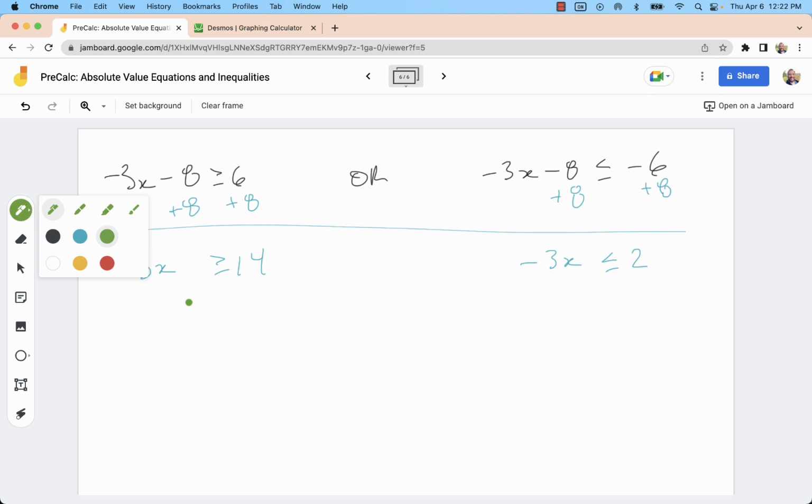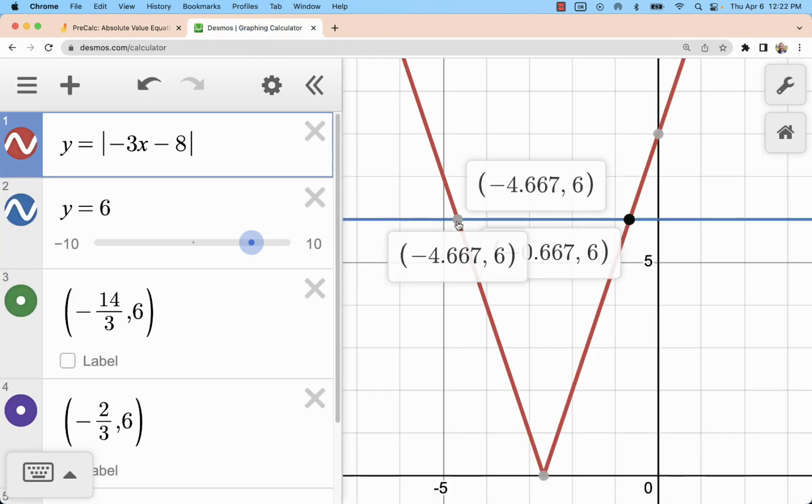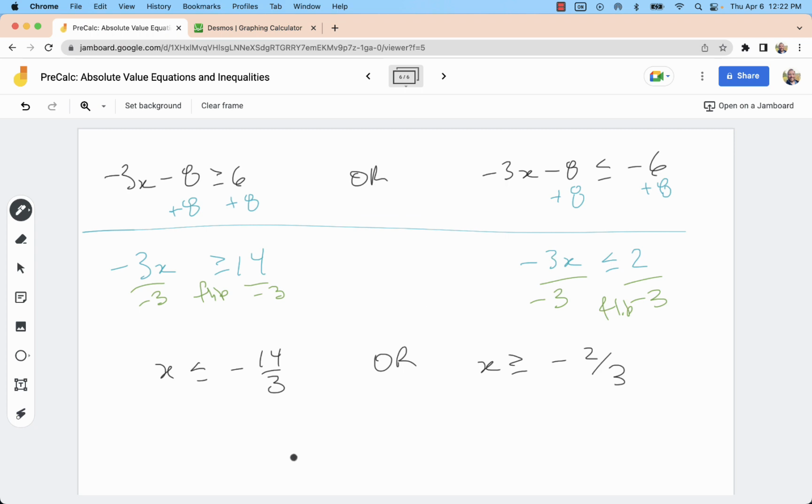Divide by negative 3. Flip. And we get our final answer. X can be less than or equal to negative 14 thirds or it can be greater than or equal to negative 2/3, and that will be to the left of this intersection point or to the right of this one for our final answer.